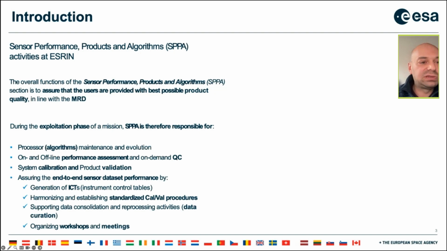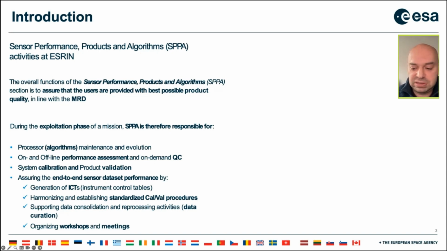And during the exploitation phase, the main activities are processor algorithms, maintenance and evolution, performance assessment and on-demand quality control, system calibration, product validation, and we have to ensure the end-to-end sensor data set performance. So this is what me and my colleagues are doing for different satellite missions.